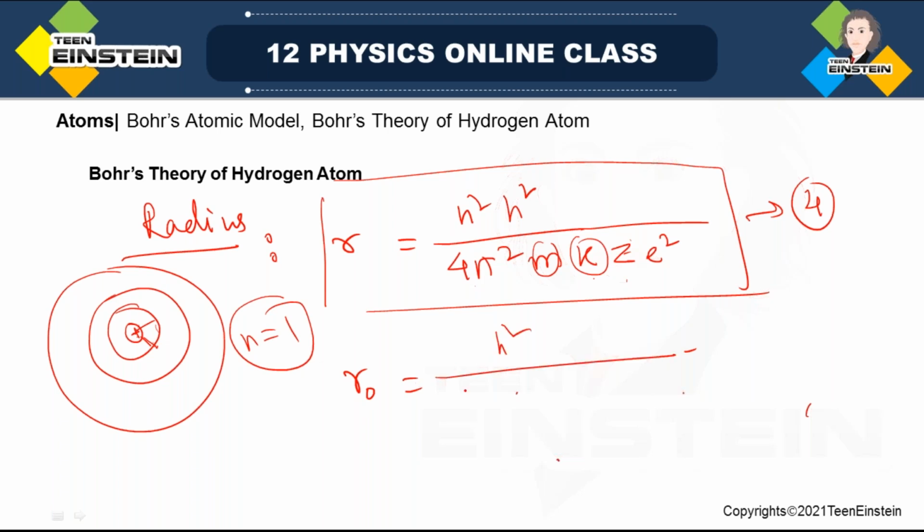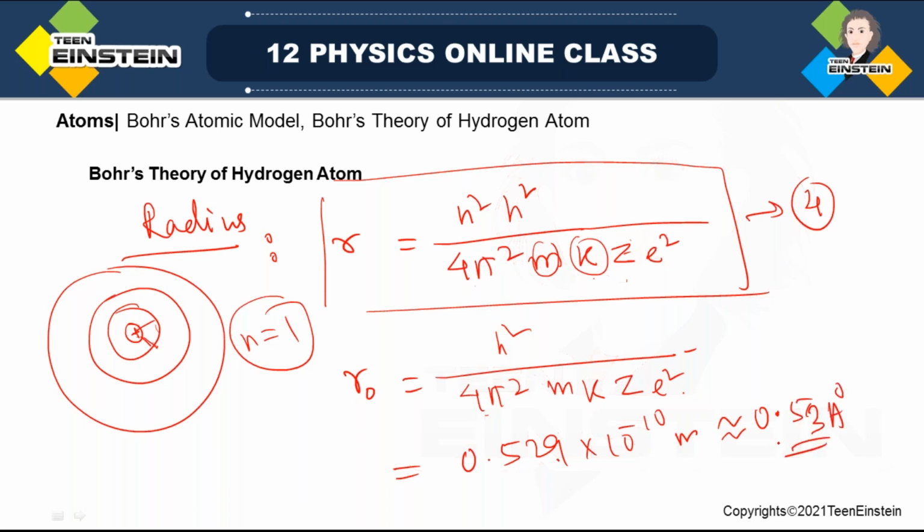So it is h² / (4π² m k Z e²). If you put all the values I stated now, you get 5.29 × 10⁻¹¹ meter, that is nearly 0.53 angstrom. This is very, very important.